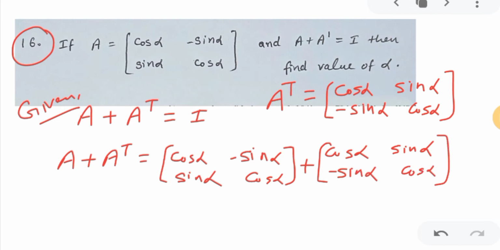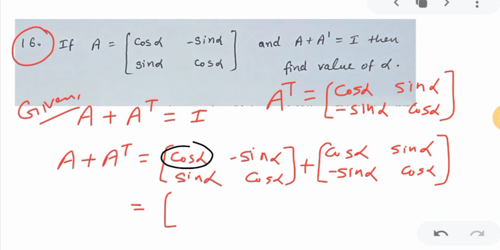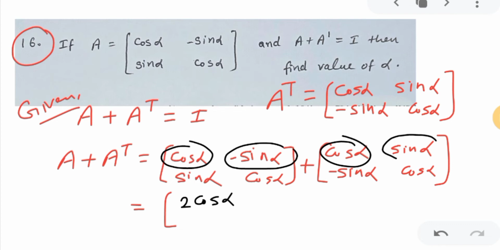Now I will add this. Corresponding elements will get added. So cos alpha plus cos alpha will become 2 cos alpha. Minus sin alpha plus sin alpha will become 0. So I am writing directly 0.